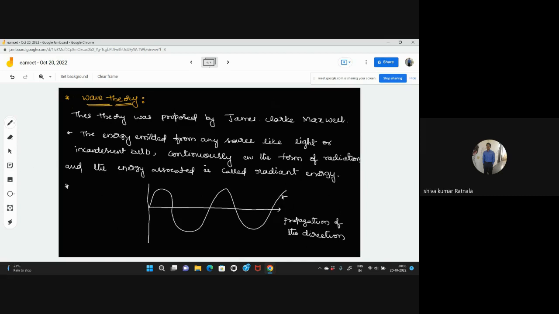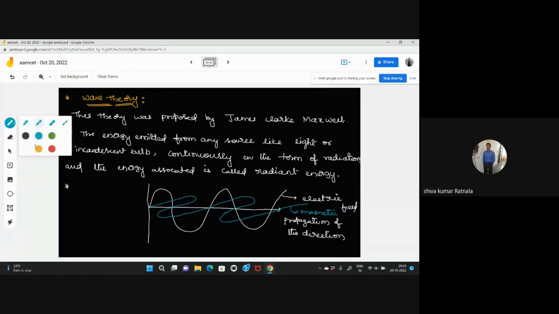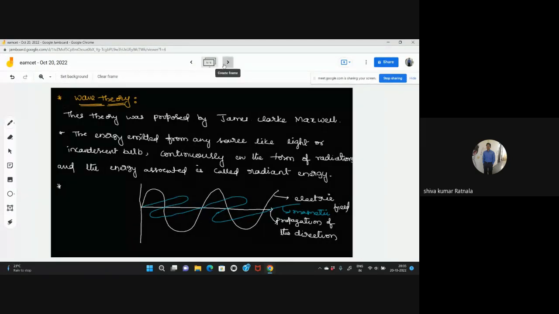This is the electric field, and one more perpendicular to this, which is the magnetic field.